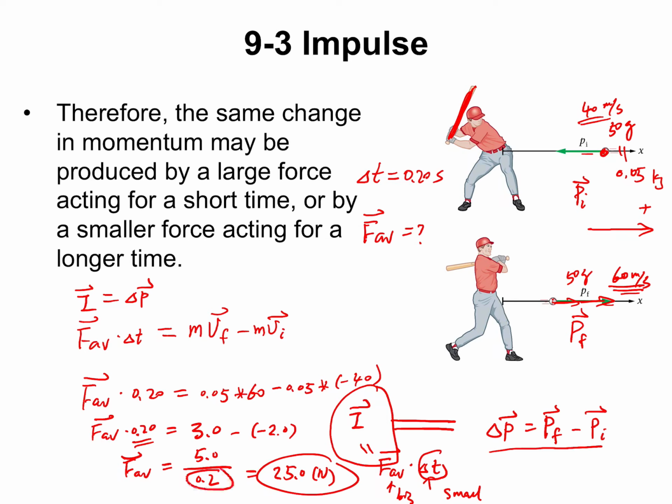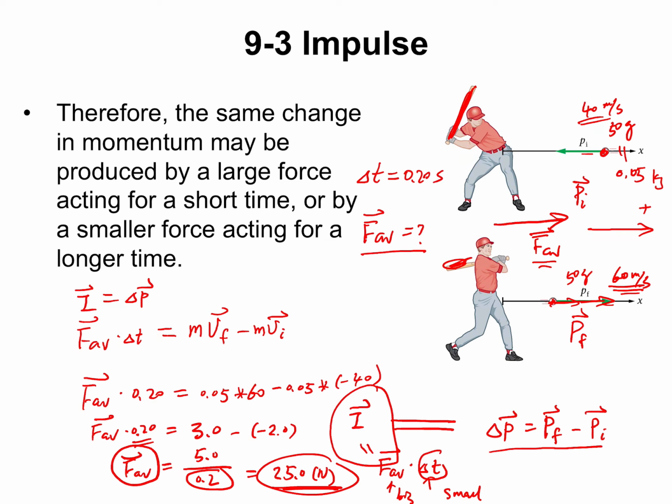If contact time is longer, then the force will be small. You can tell the force is positive, which means the force is in the direction of the bat hitting the baseball. So that's how you calculate the average force.